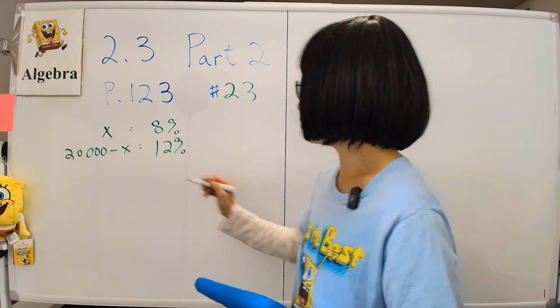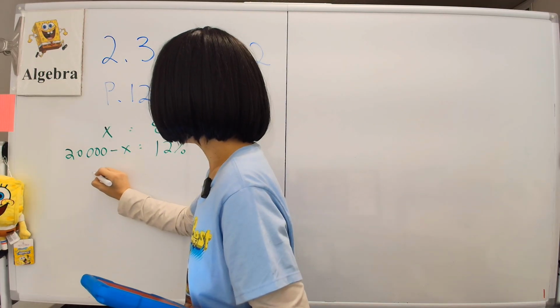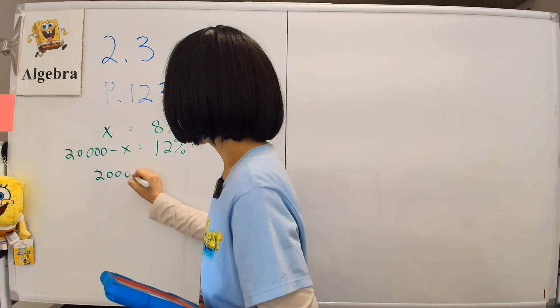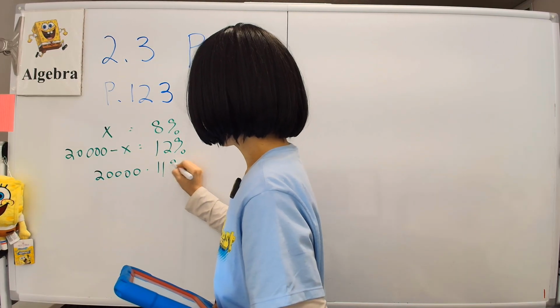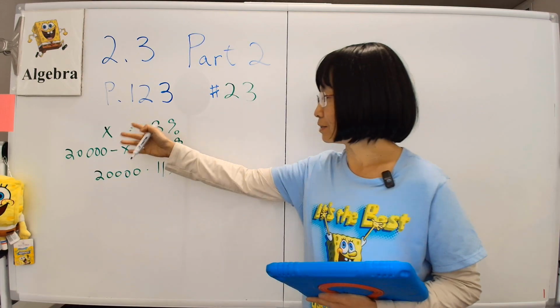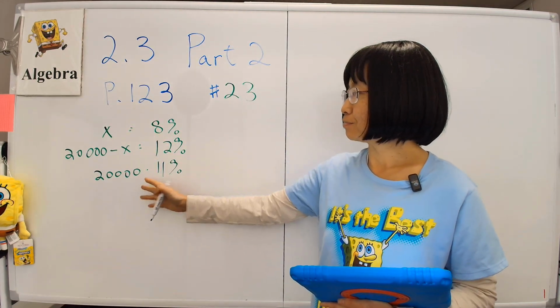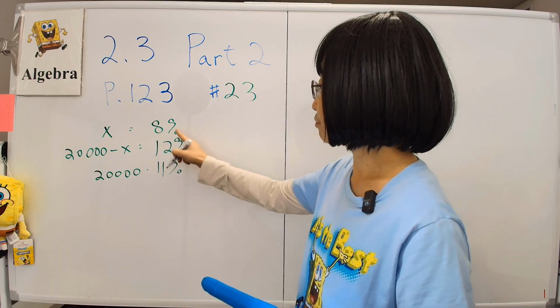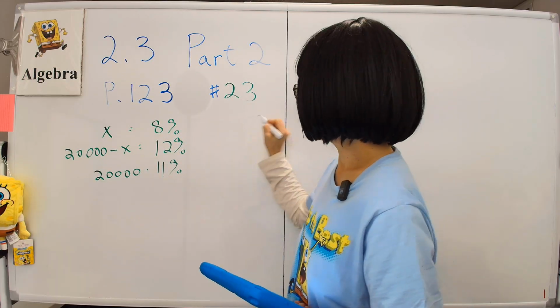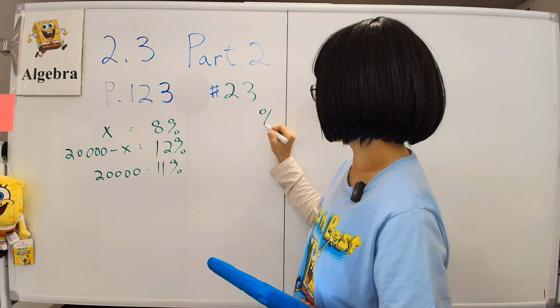So then the total will be equal to $20,000 times 11%. Okay, so in other words, this plus that should become this thing. And I should remind you that what is the percentage? Percent, which is written like this, okay?